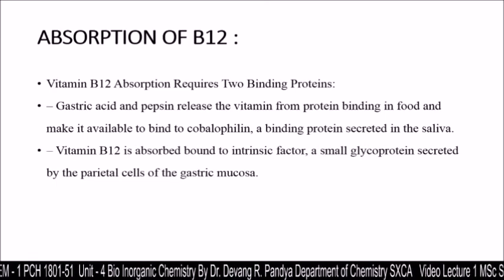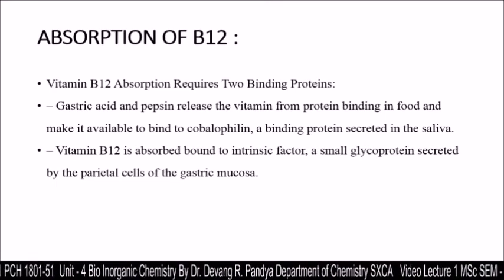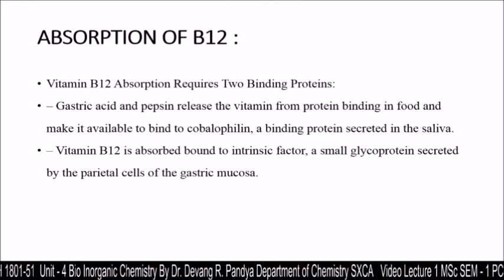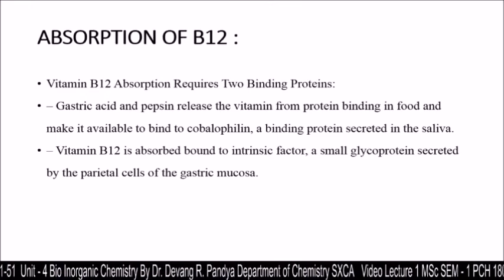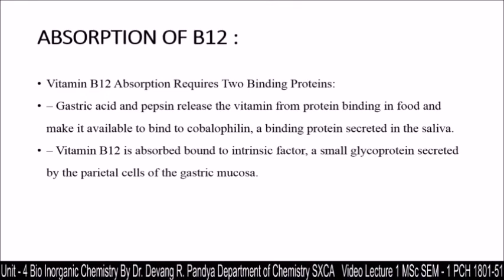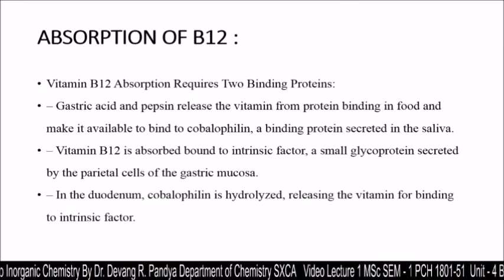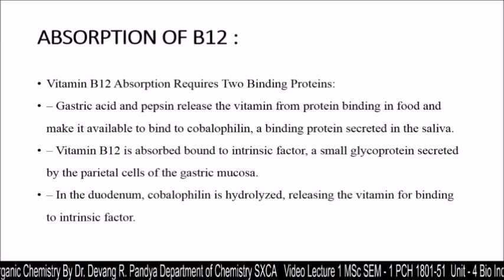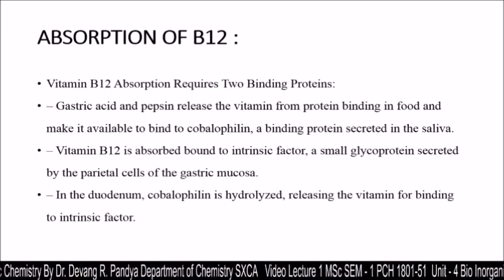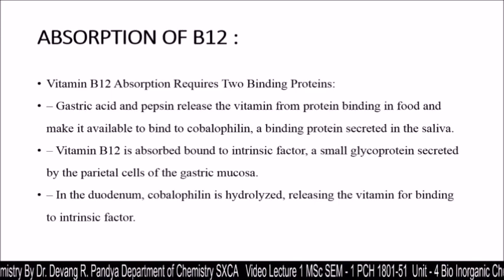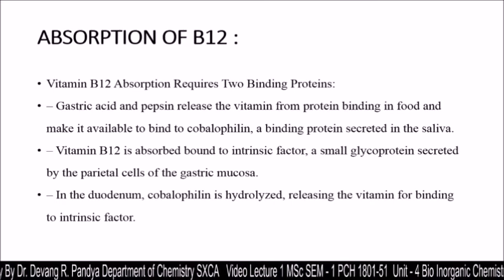Vitamin B12 is absorbed bound to intrinsic factor, a small glycoprotein secreted by the parietal cells of the gastric mucosa. In the duodenum, cobalophilin is hydrolyzed, releasing the vitamin for binding to intrinsic factor.